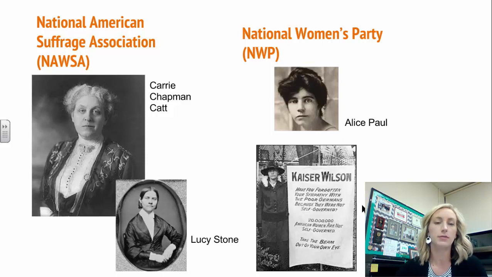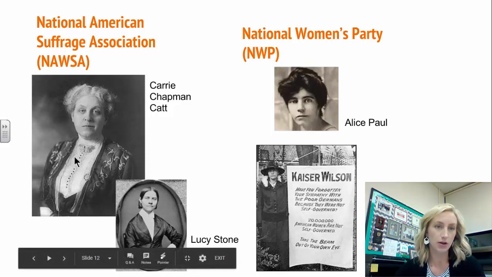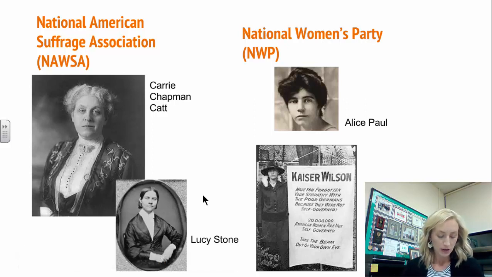So let's talk first about Carrie Chapman Catt and Lucy Stone under the National American Suffrage Association. Their method was that they wanted to go state by state, working in each of the states to get them to approve an amendment to allow women's suffrage, and they thought that this slow and steady movement meant that what was then the 19th Amendment was inevitable.